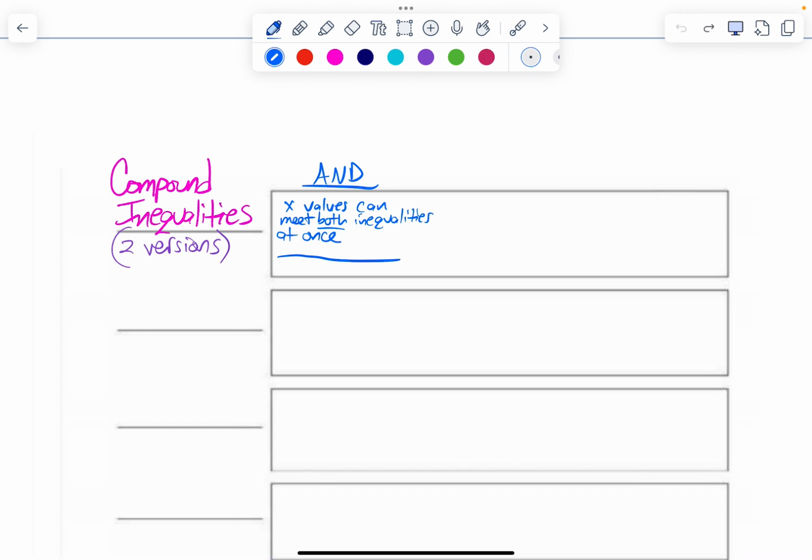Here's the version of a graph. At once. It can meet both inequalities at once. So over here where x is greater than or equal to -4, x is less than or equal to 5, any value in between is true for both of those.